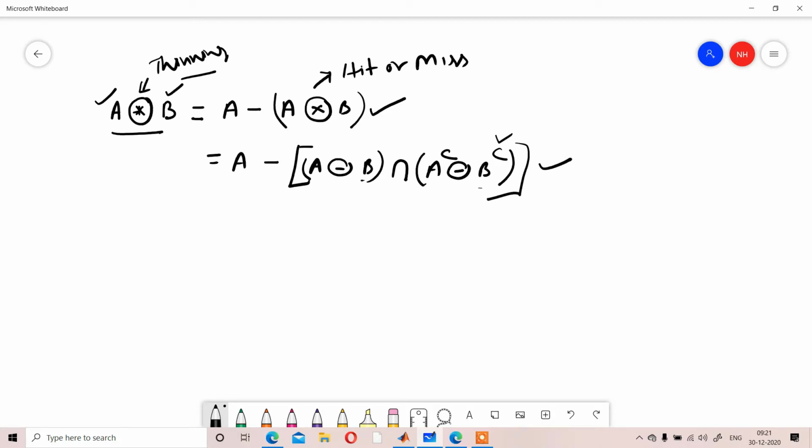So we have seen that in the hit-or-miss. But here the number of structuring elements will be dependent on the size of the structuring element. Keep in mind, the number of structuring elements will be dependent on the size of the structuring element.